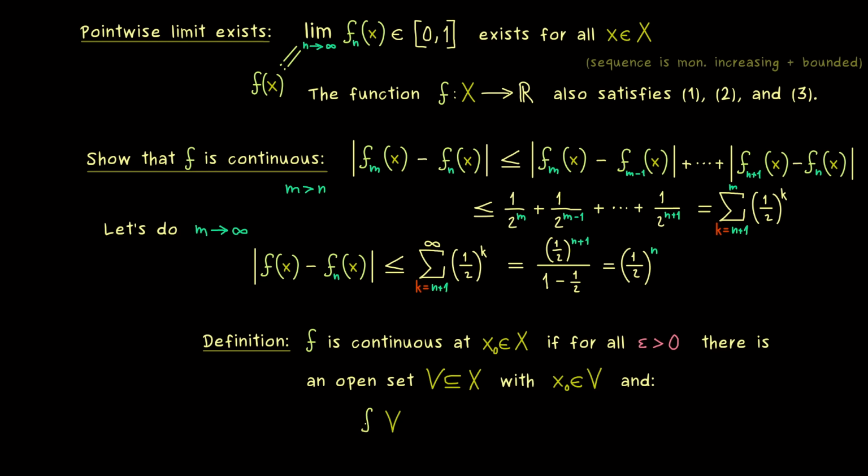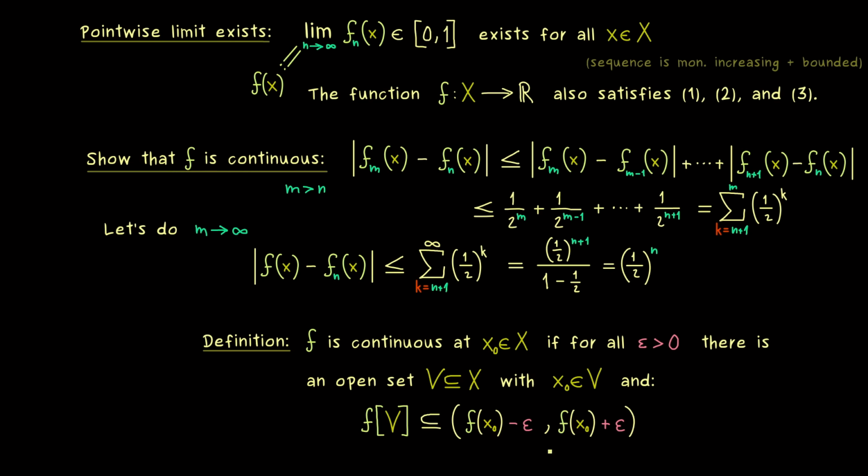And then we just apply our function f to this open set V. And then we want that we map this open neighborhood to a neighborhood of the value. And obviously this one is just an epsilon neighborhood, so we have f of x0 minus epsilon on the left and plus epsilon on the right hand side. And this is the common definition of continuity at a given point.